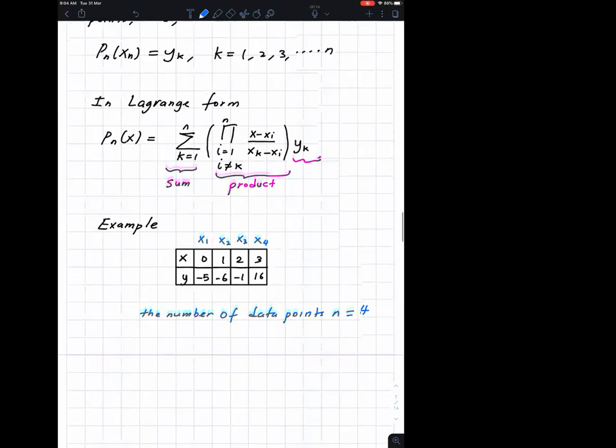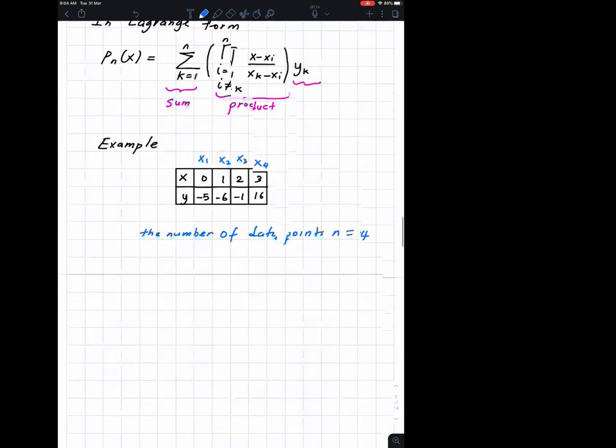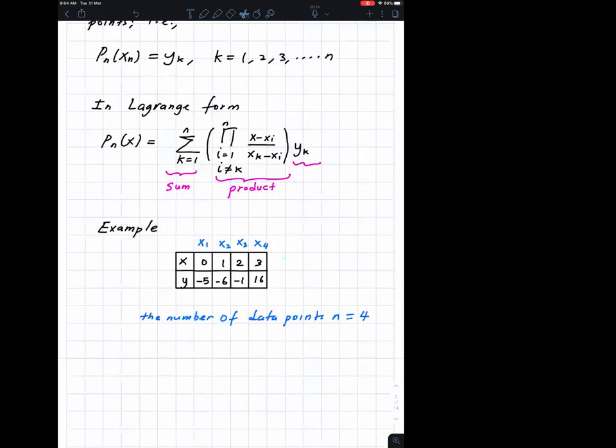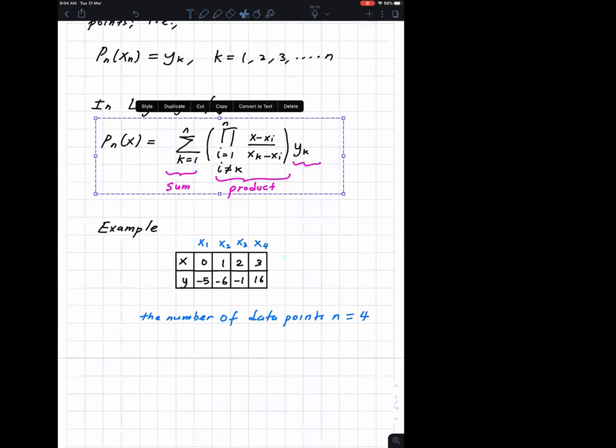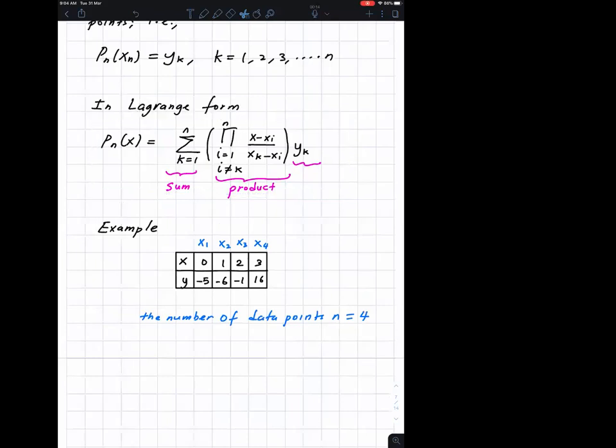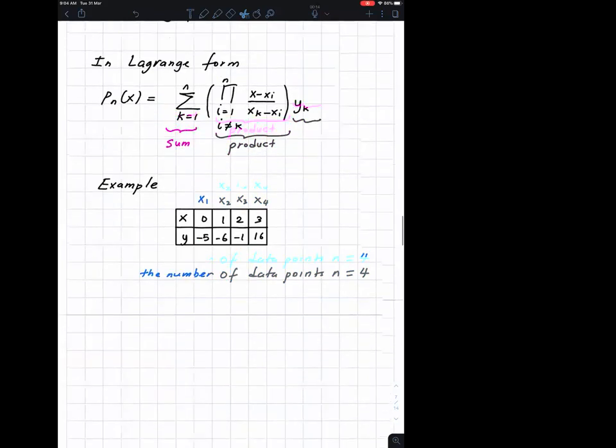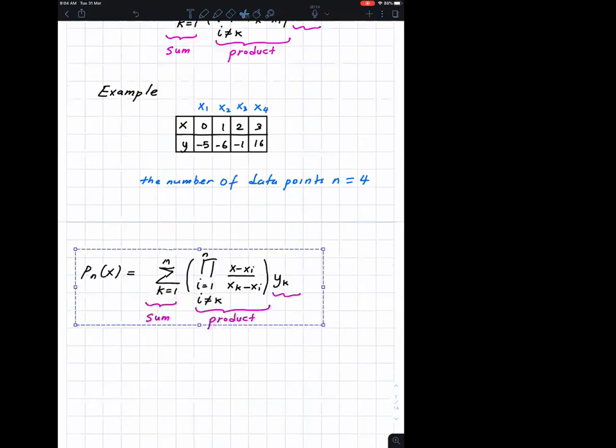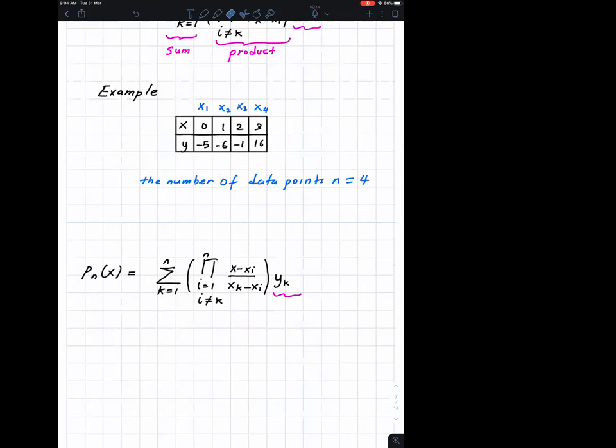Now you see how to use that formula to do this problem. I'm going to use this formula to create the Lagrange polynomial.